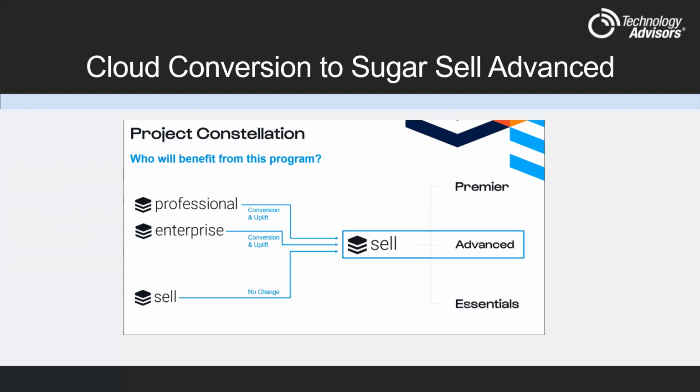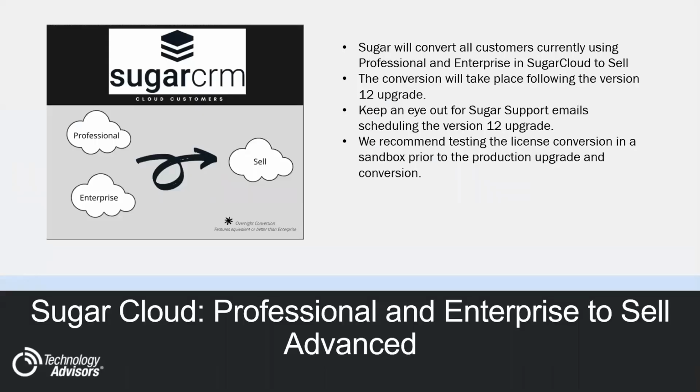Okay, so for Sugar Cloud customers, and Anjum, you can go to the next one there, perfect. All customers are going to get converted over to Sell Advanced. Again, this is going to take place following that version 12 upgrade, so keep an eye out for those Sugar support emails. Sugar will be reaching out directly to system admins to schedule your version 12 upgrade.